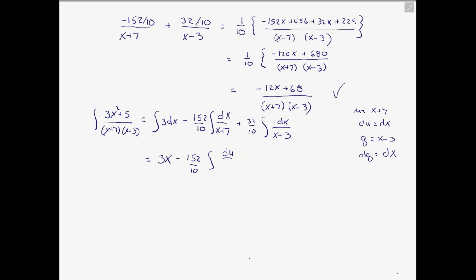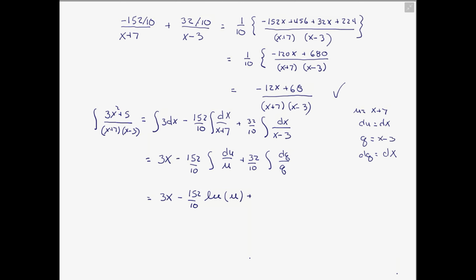So we have minus 152 tenths du over u plus 32 tenths dq over q. And now we have natural logs.